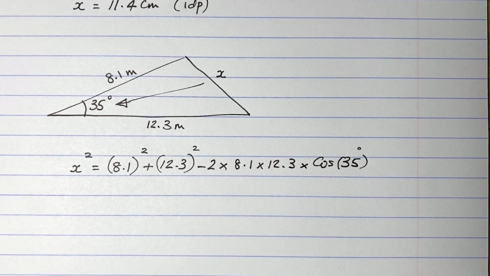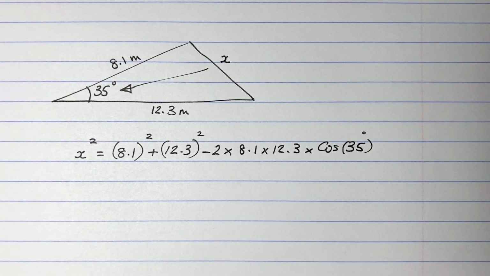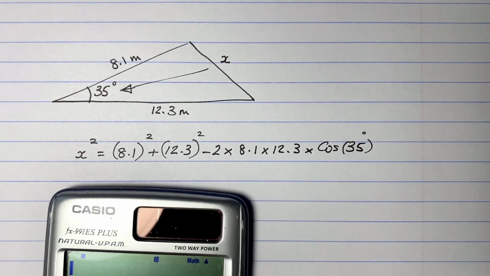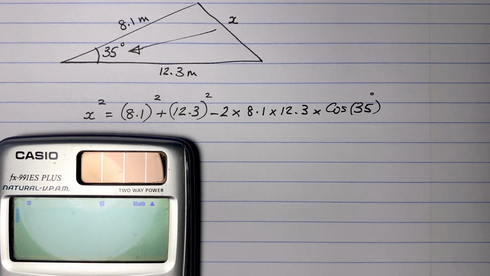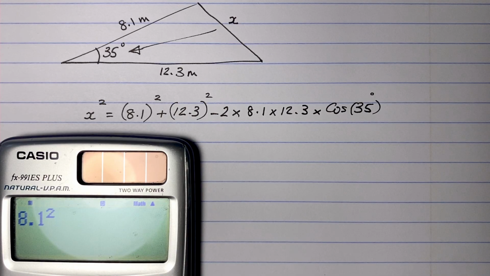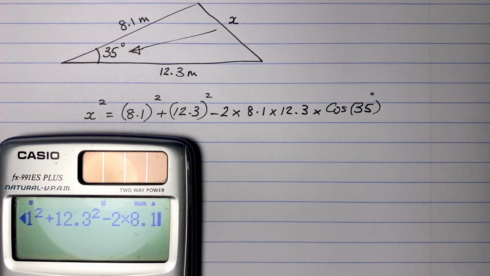Again, as before, you enter all that information in the calculator. So we have 8.1 squared plus 12.3 squared minus 2 times 8.1 times 12.3 times the cos of 35.